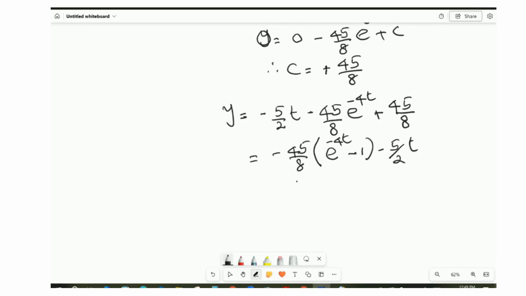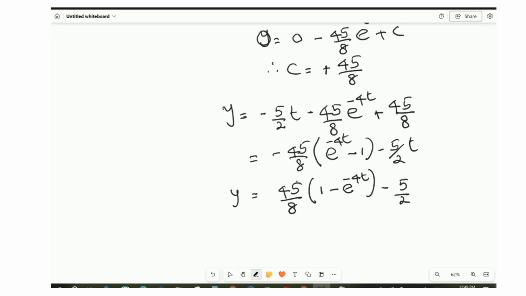So therefore y is equal to minus 45 divided by 8. I can multiply by negative, then this one becomes positive. So this is equal to 1 minus e to the power minus 4t minus 5 over 2 t.